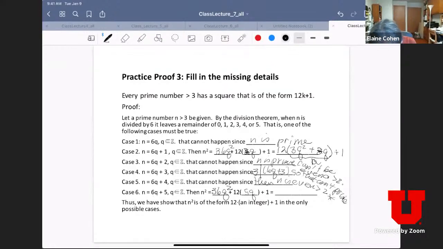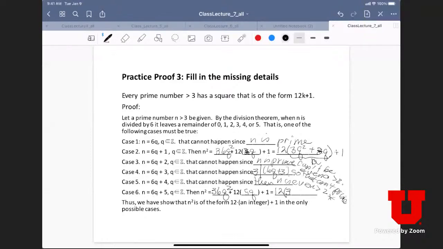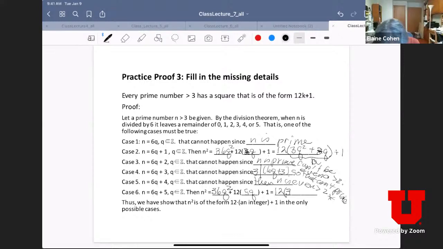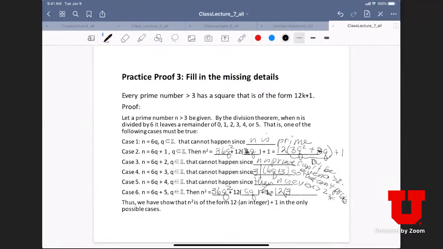Check my arithmetic. Wouldn't it be plus 25? It'd be 25 plus 24 because you're taking the 1 away. So it'd be 5q plus 2, plus 25.